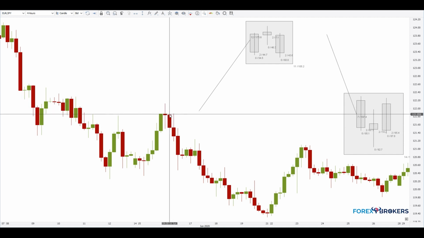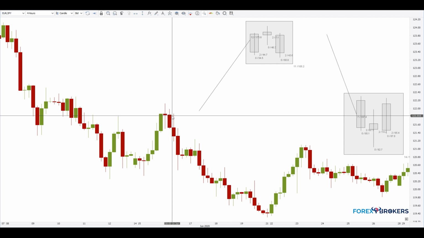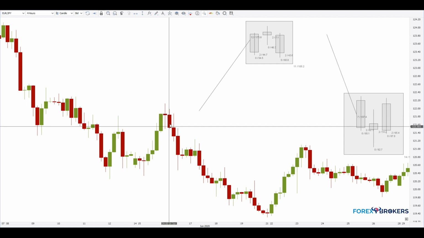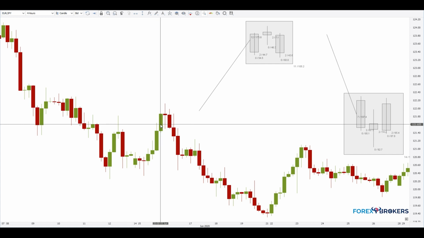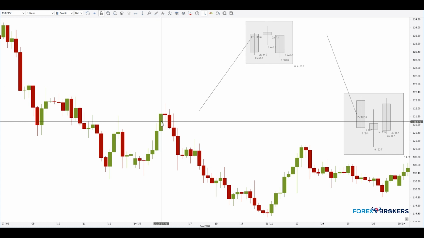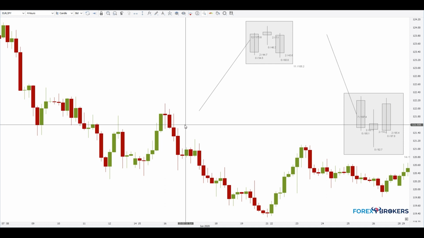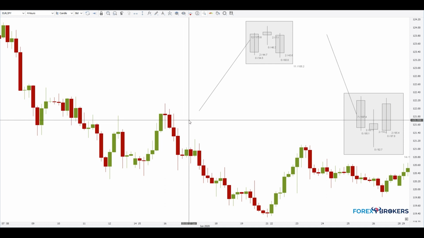This, I would say, resembles a rickshaw man as a type of doji candlestick. Another candlestick with a strong real body, a bearish one, that goes into the territory of the first candlestick's real body, exceeds 50%, and that is an evening star.